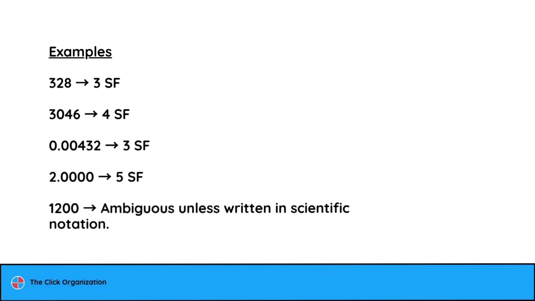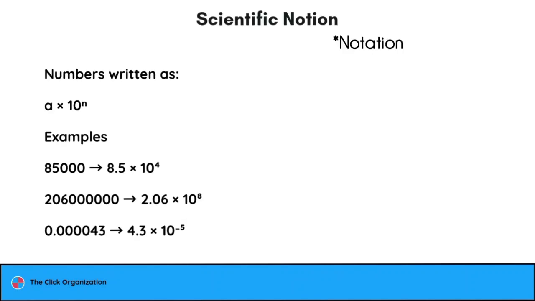What is scientific notation? It is a convenient way to write very large or very small numbers. Every number is written in the form a times 10 to the power of n, where a is a number between 1 and 10, and n is an integer.